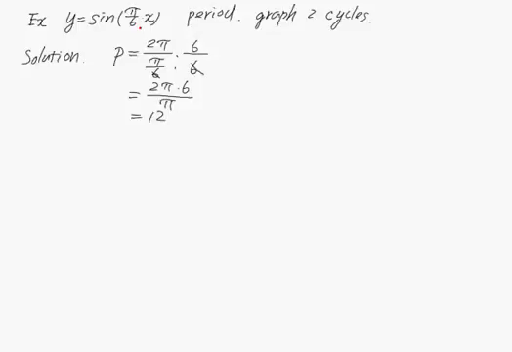Now we can draw the 2 cycles of this sine function. So let's begin with the fundamental cycle. Say this is 12 and this is 24. So this is the middle point between 0 and 12, so 6, right?